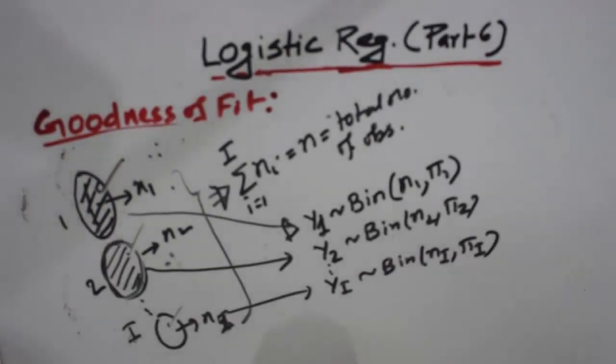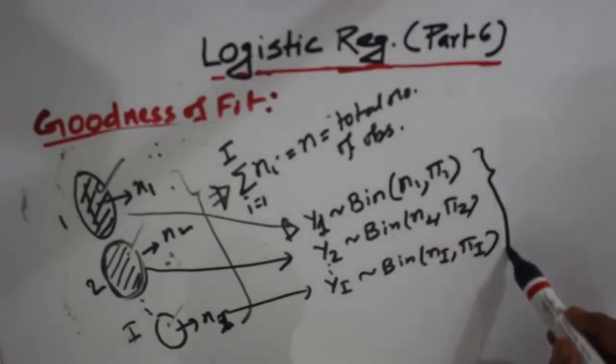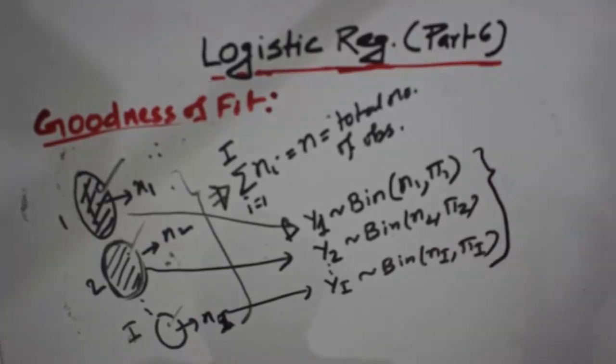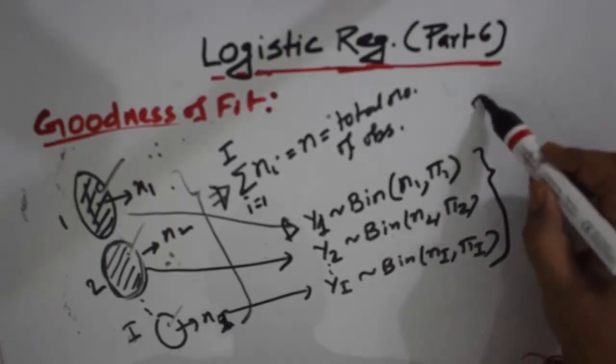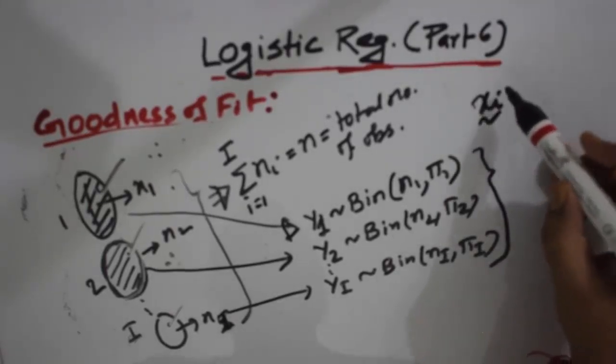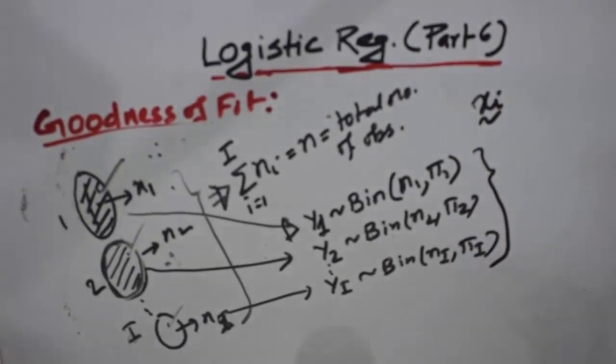There are ni subjects with the same covariate vector xi; covariate, regressor, and explanatory variables are synonymous.